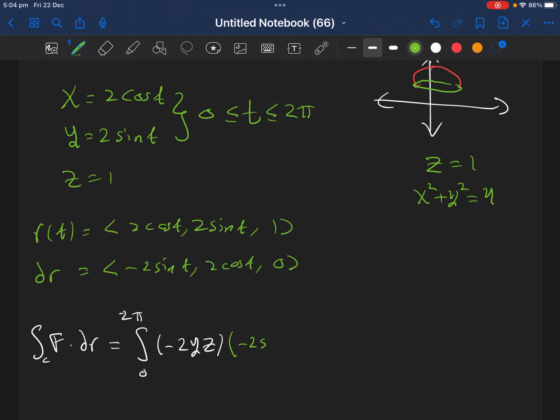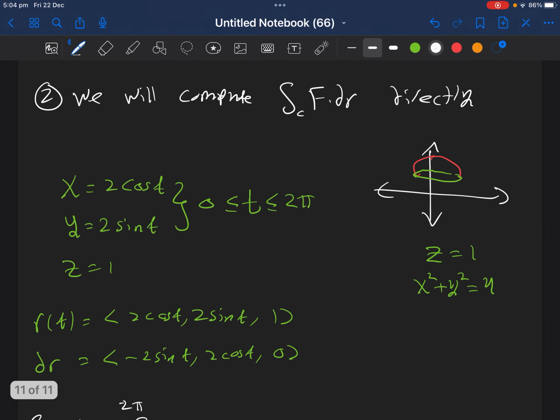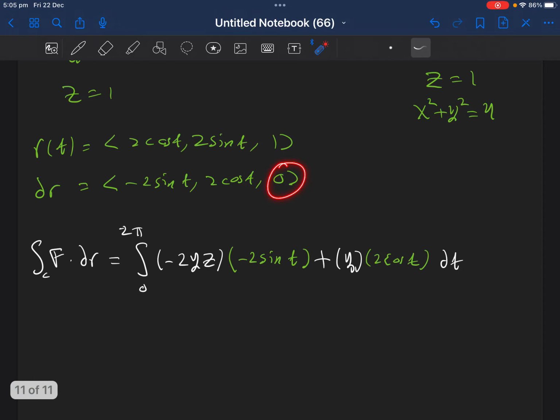We have to multiply first with first, so this would be 2 sine t. Second with second, it would be just y times 2 cosine t. Of course, third with third, we don't need to do it because it's already 0 here. 0 times anything would be just 0.